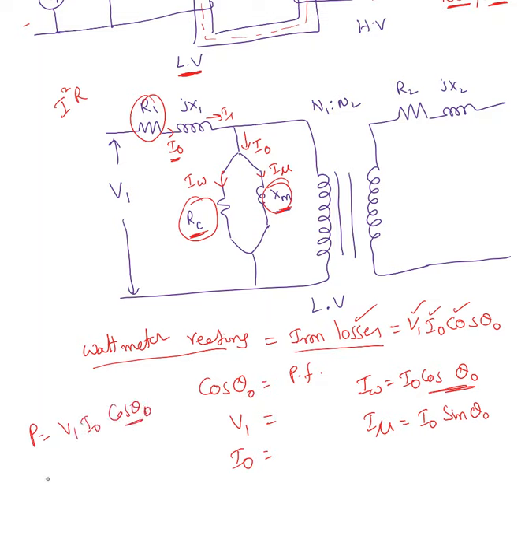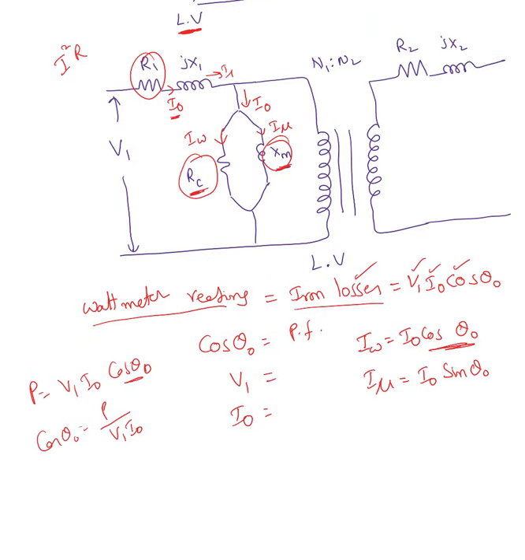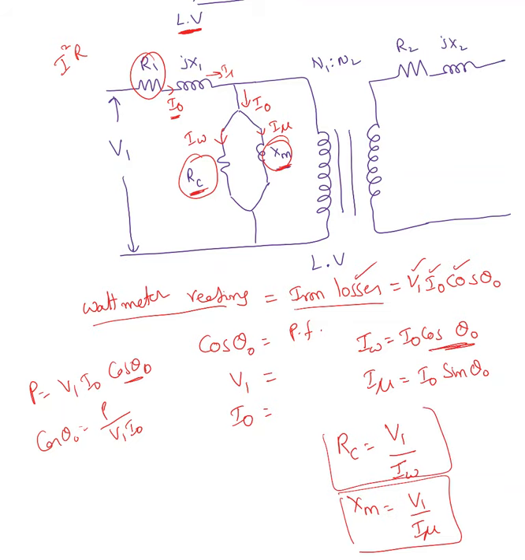Cos theta naught equals P over V1 times I naught, where P is nothing but the wattmeter reading. This is one way to find it. Once I have IW and I mu, RC must be V1 over IW, and XM must be V1 over I mu. This is how we'll find RC and XM.